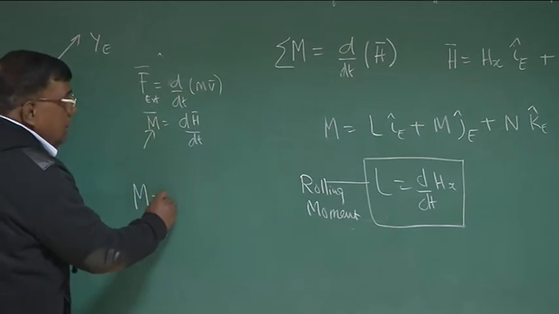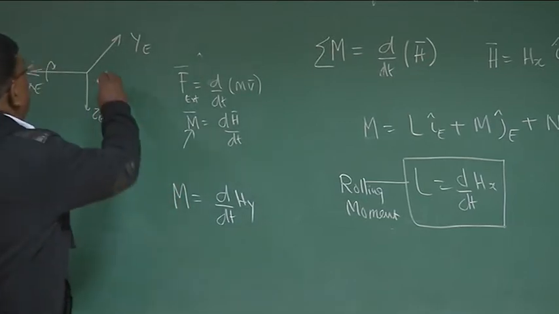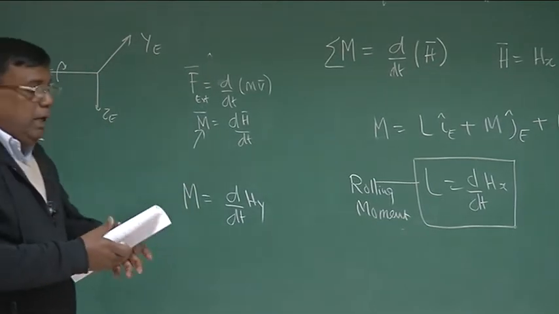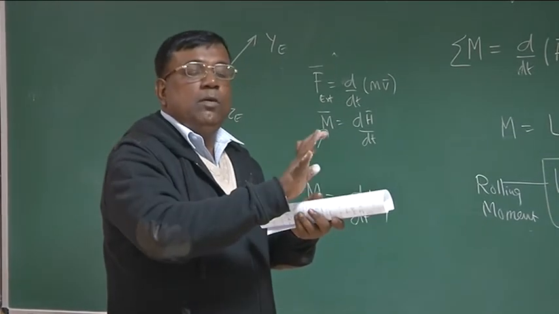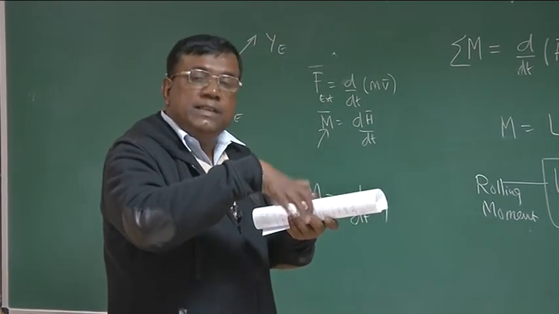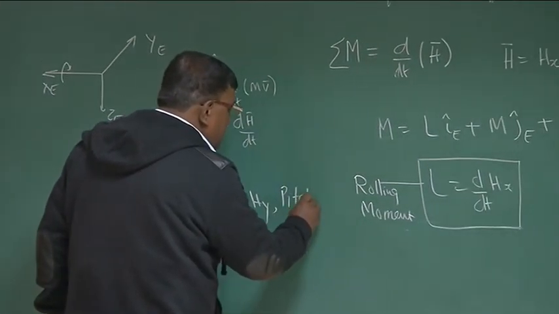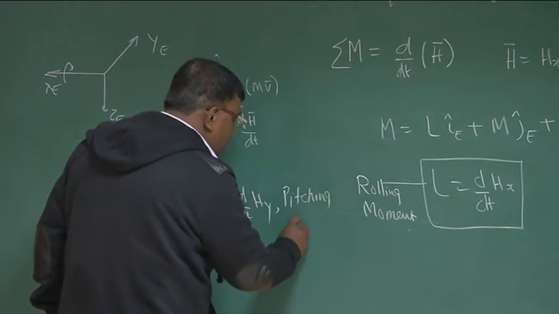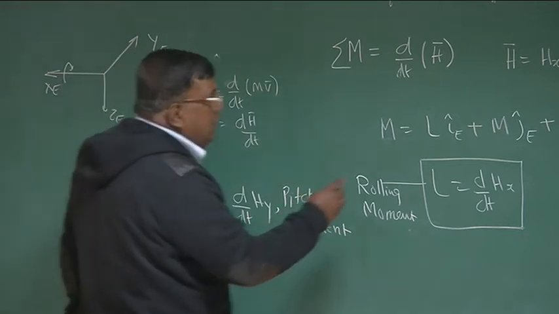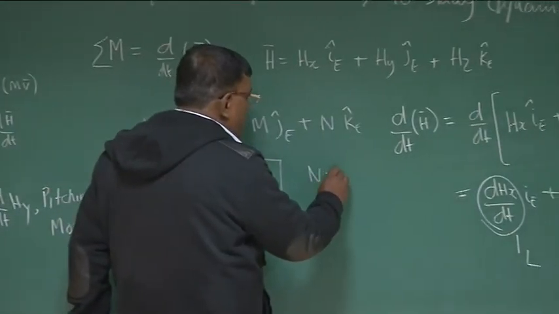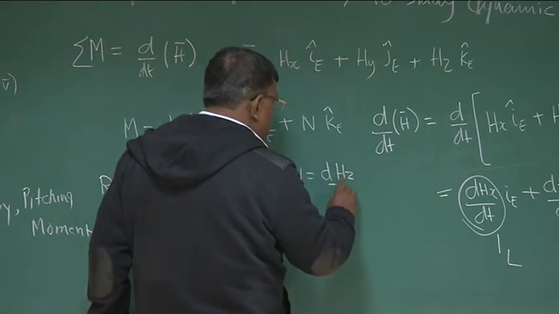M is similarly d by dt of Hy. So if this is the plane, this is the x and this is the y. About the y axis, which moment will be there? This is pitching moment, right? And then N equals dHz by dt.